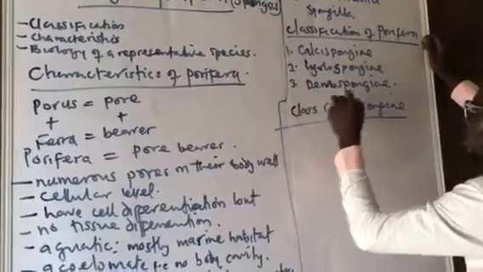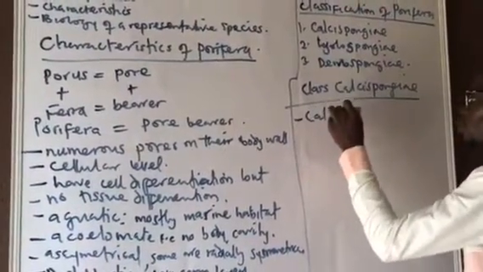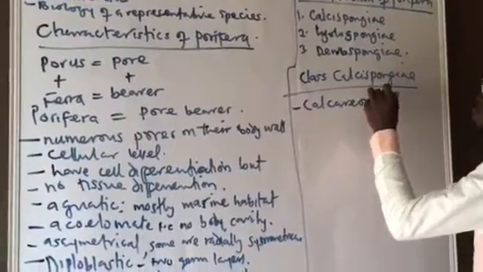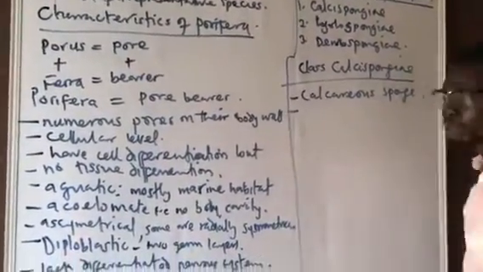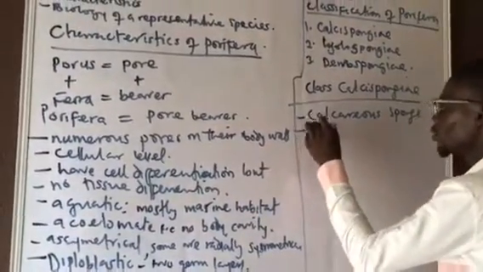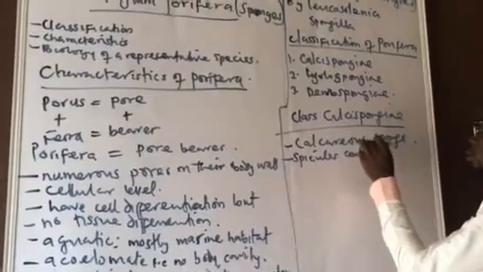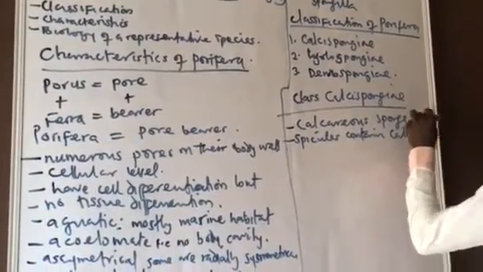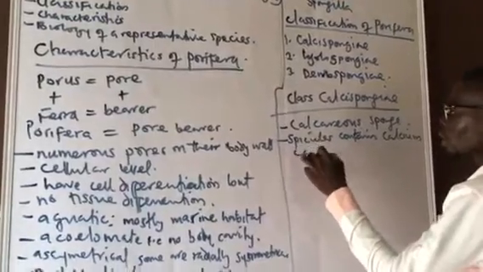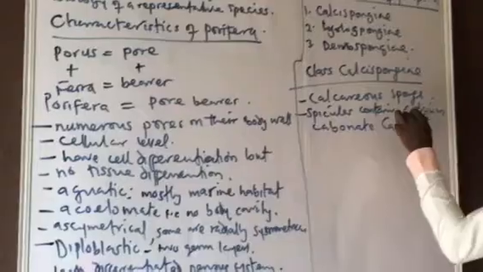When we talk about the class Calcispongi, they are the calcareous sponges. And why are they called calcareous sponges? Because their spicules contain calcium carbonate, that is CaCO3.